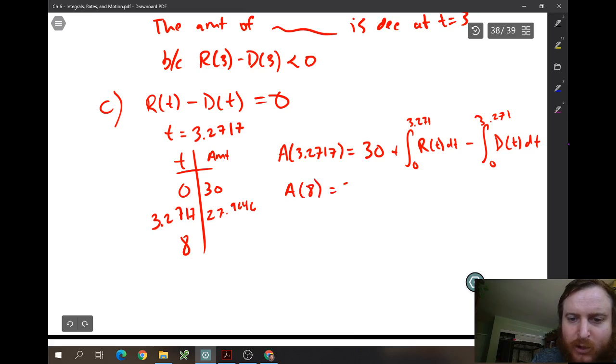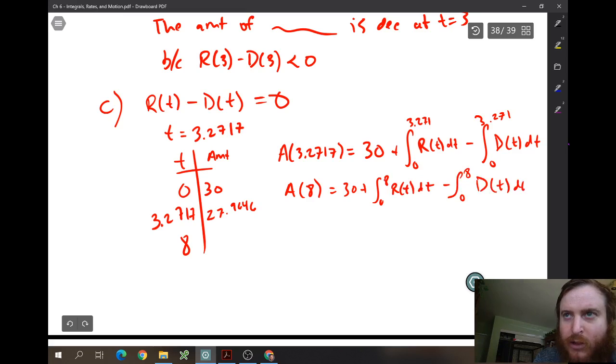Then we would do the same thing for A of 8. A of 8 would be 30 plus the integral from 0 to 8 of R of t minus the integral from 0 to 8 of D of t. You'll do that on the calculator, and you'll get 48.5437.